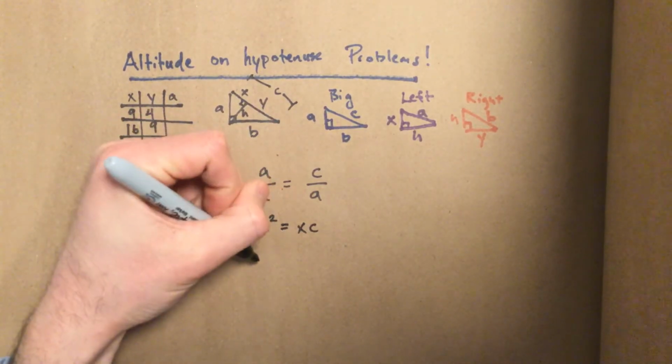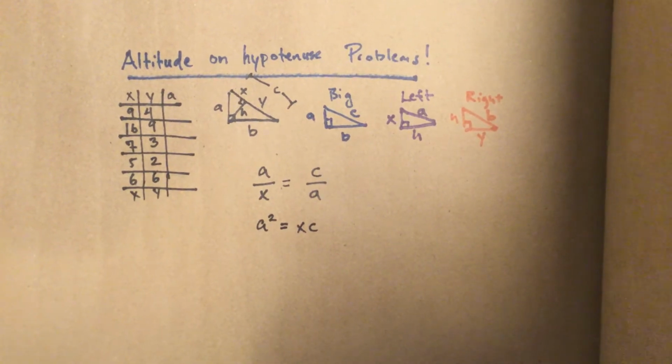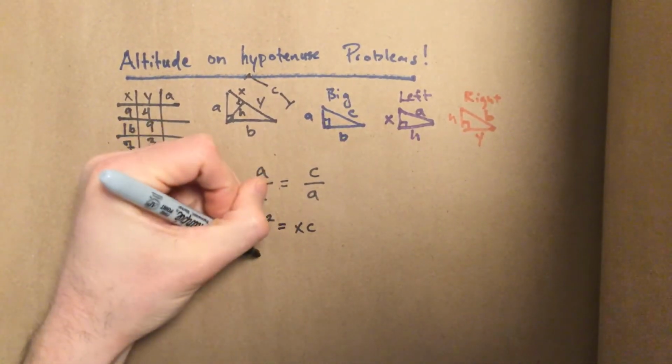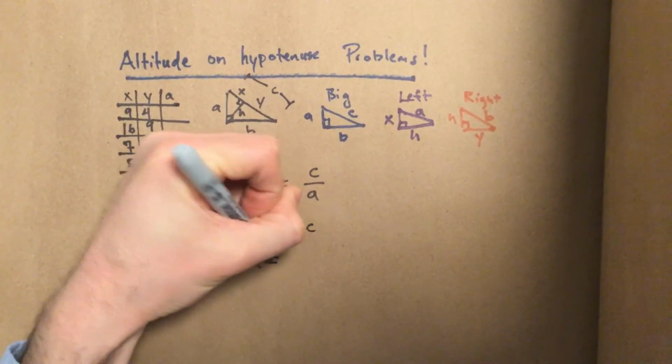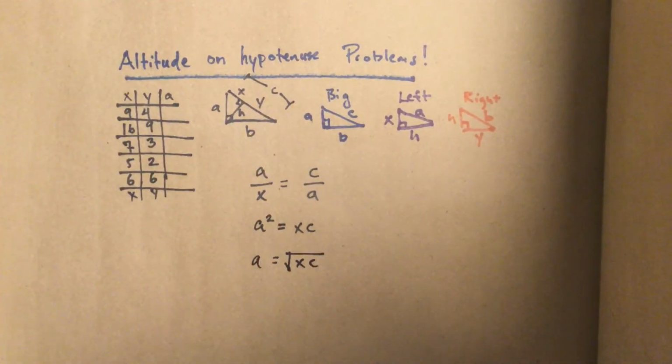And lastly, if I take the square root of both sides, a is equal to root xc. So there you have it. I can find a just by having x and y. So let's do our very first example.